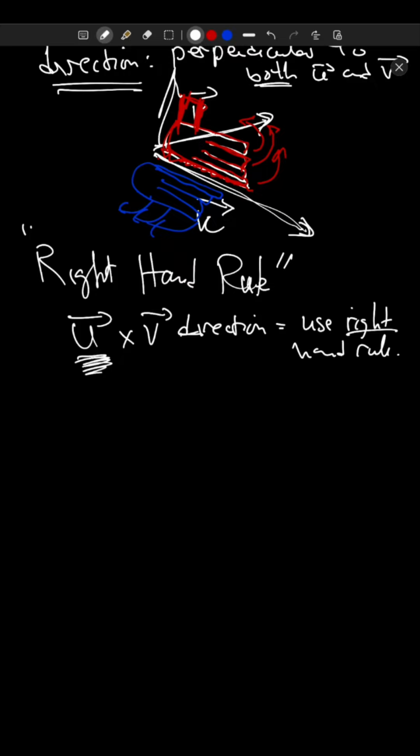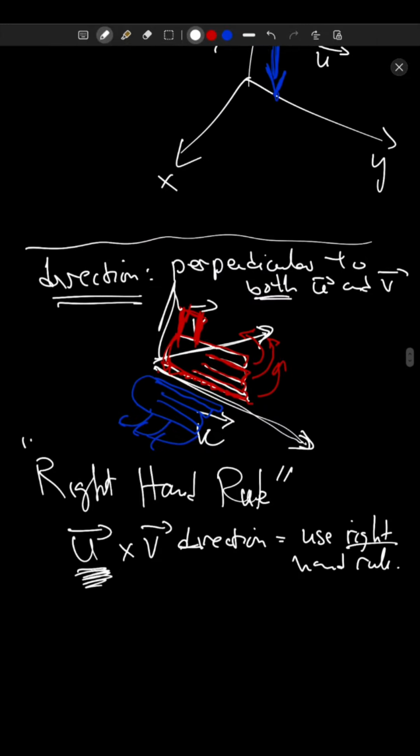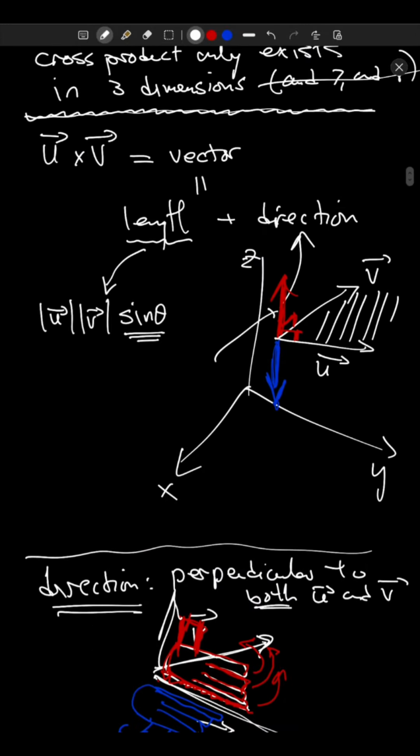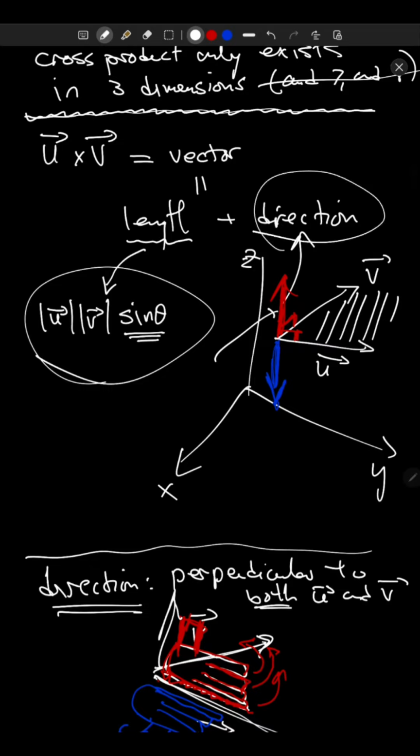So if you want, you could use your left hand, just remember that your thumb is pointing in the opposite direction. Okay, that's it. That's the cross product, right? We've described what the length of the cross product should be. We've described the direction. So put that together and we've actually got a vector, at least geometrically.